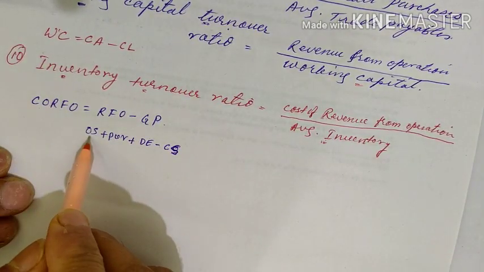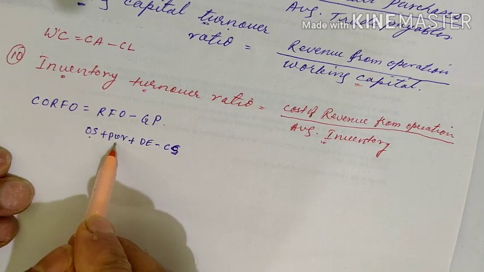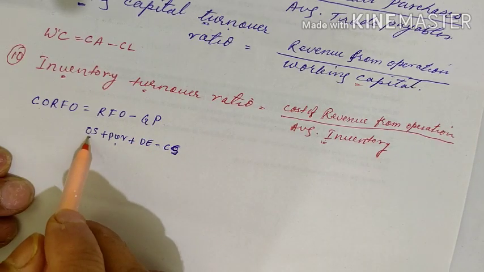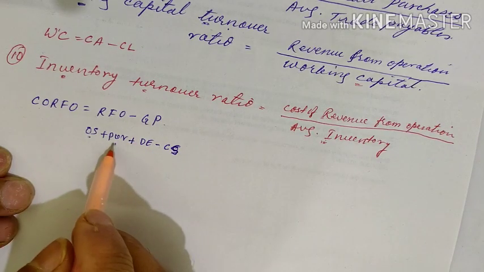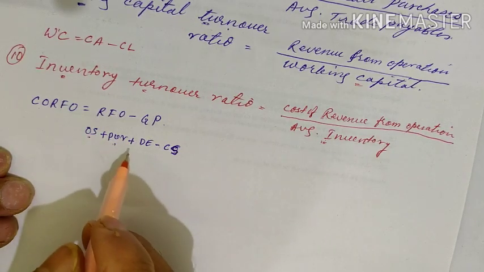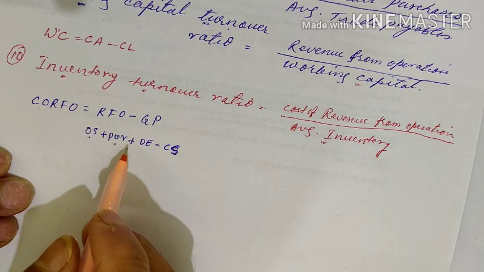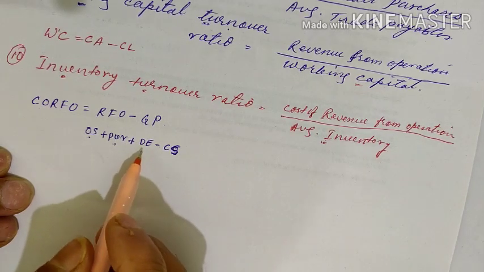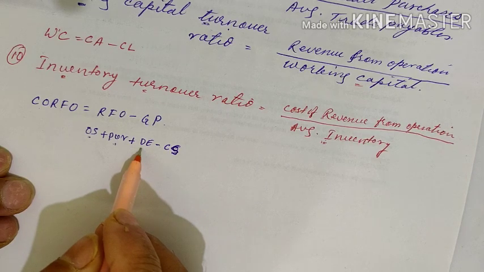Opening stock that you have in the beginning. Purchases that you purchase some material. Then there will be some direct expenses because whatever opening stock was there, whatever purchases you made, this will be used for further production. Goods have to be processed, so there will be some expenses, so that expenses will be included.